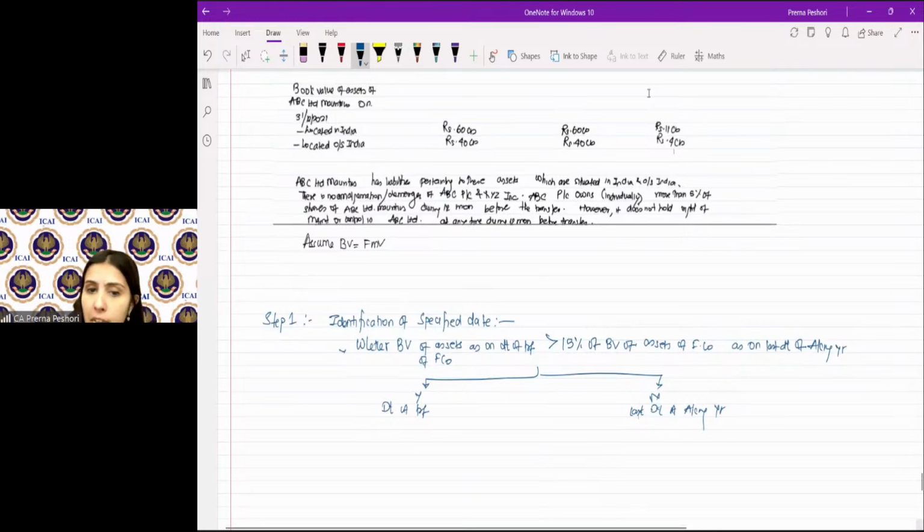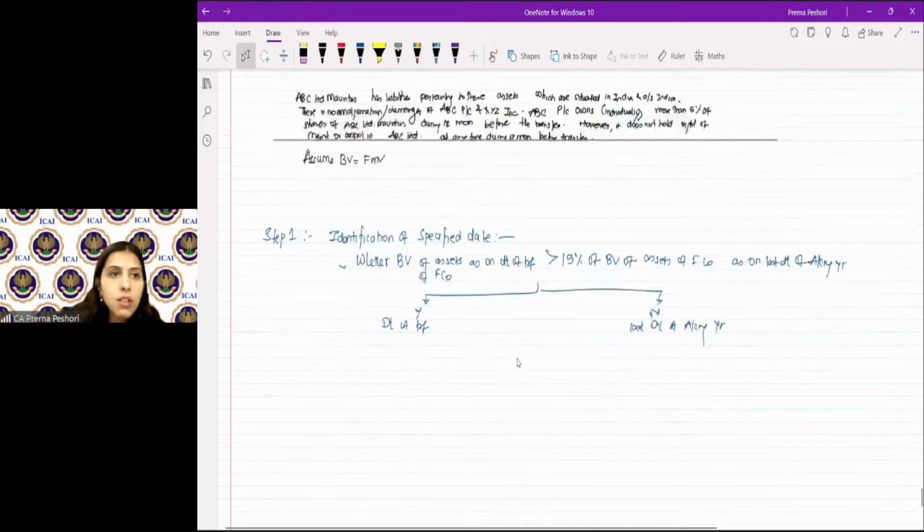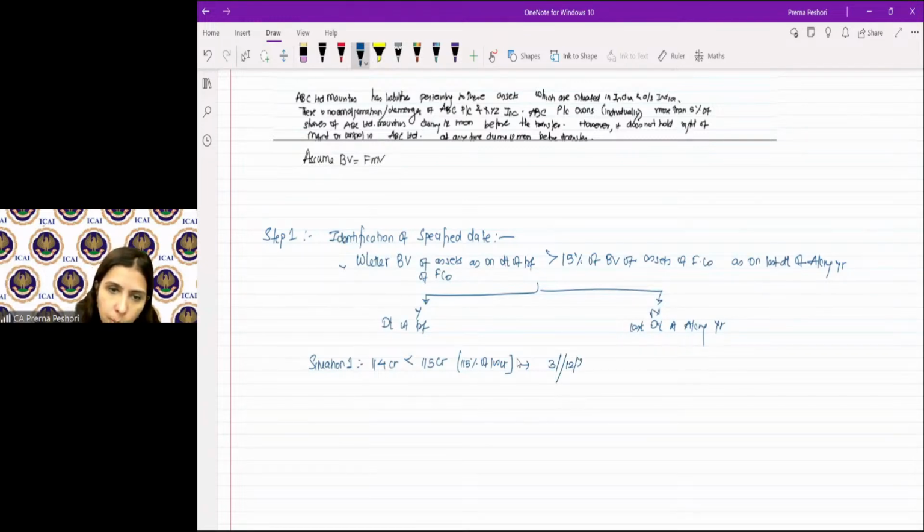So 115% of 100 CR would be 115 CR. Is it exceeding 115 CR? The answer is no. It is 114 CR, which is less than 115 CR, which is 115% of 100 CR. So then it will be 31st December 2021.